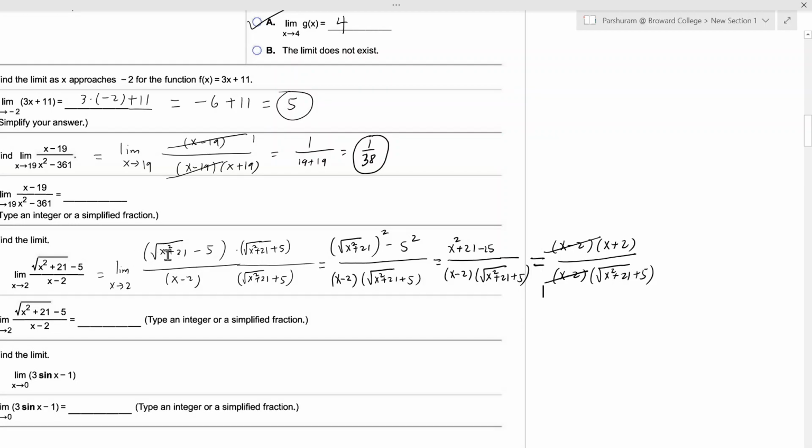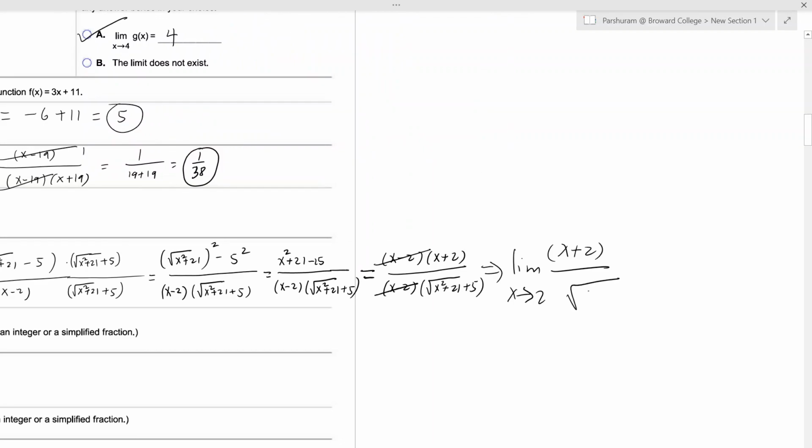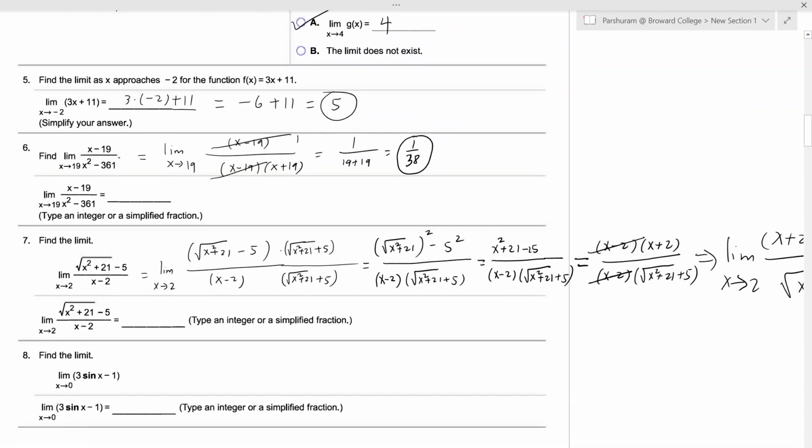Our goal is to find the limit of this expression. So before plugging in x equal to 2, we simplify this. You have to keep writing limit as x approaches 2. So our goal is to find the limit of this expression, x plus 2 over square root of x squared plus 21 plus 5. Remember, this problem and the original problem are the same.